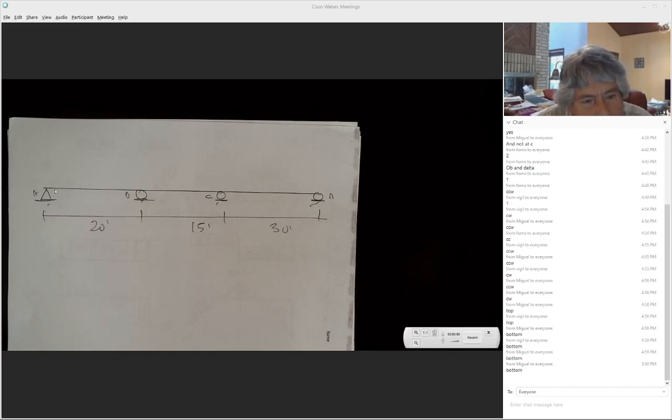Tell me, is this determinate or indeterminate? The load is not important. Determinate. Okay. So how many unknowns do we have in here? 2, 3, 4, 5 unknowns. How many equations do we have to solve for 5 unknowns right now? 3. So 5 minus 3, second degree of indeterminate.